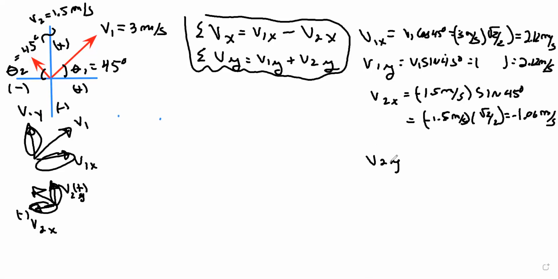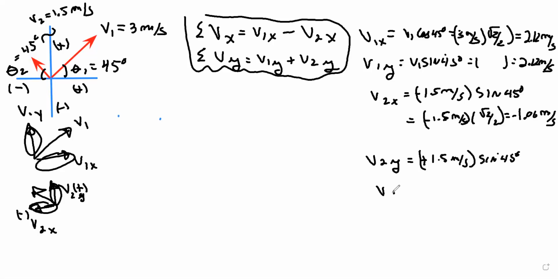And then we have v2 in the y direction, which is going to be plus 1.5 meters per second times the sine of 45 degrees.